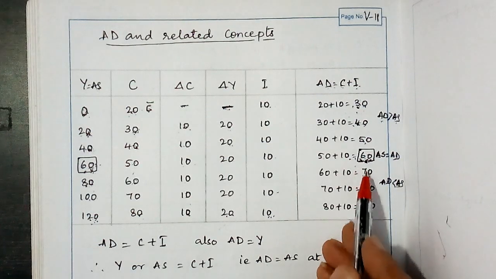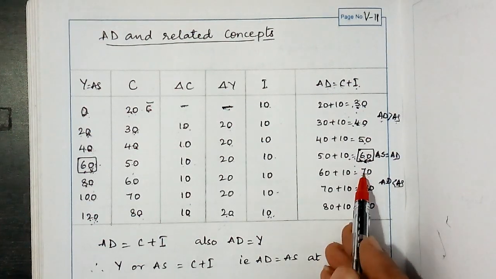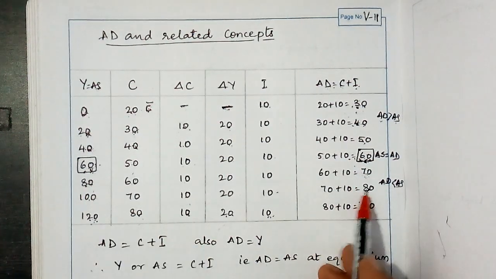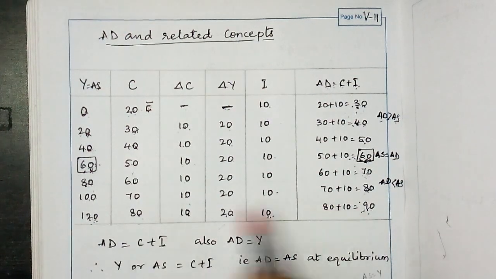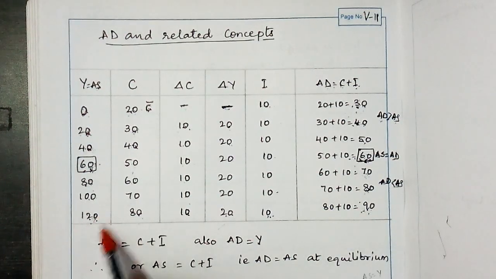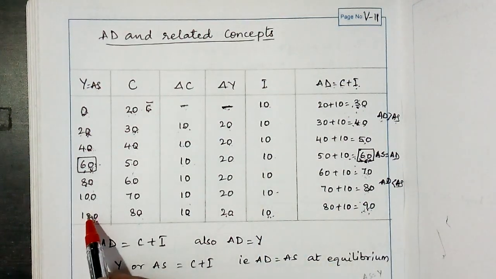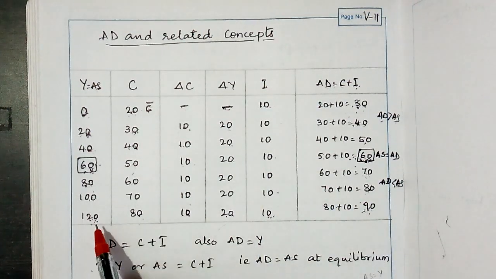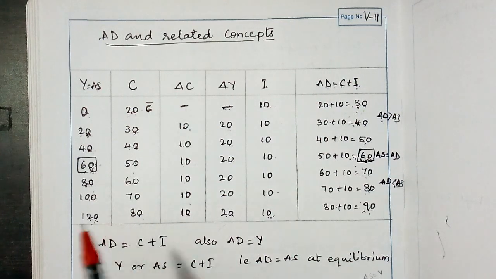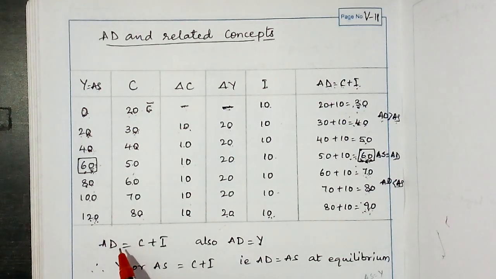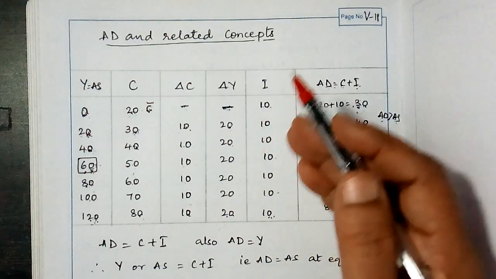On the other hand, when you look at these points, 70, 80. 80, 100. 90, 120. In this case, the aggregate demand is less than aggregate supply, or supply is greater. When supply is greater, there will be inventory stock piling up. So the producers need to stop producing the goods, and hence they will remove people from employment.